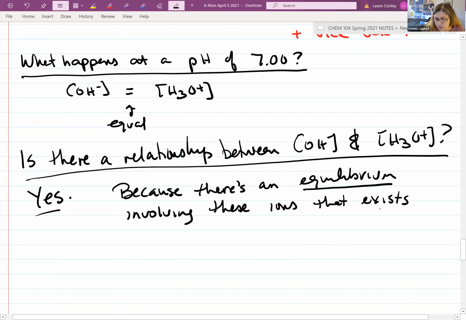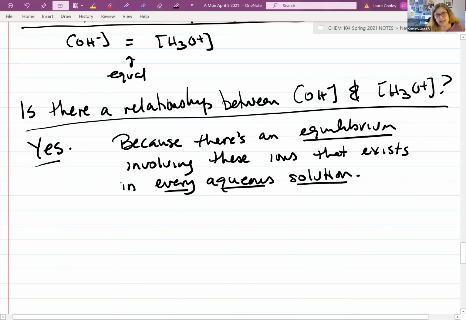And this equilibrium exists in every solution where water is there, every aqueous solution, which aqueous means in water. Okay, and this is the equilibrium.